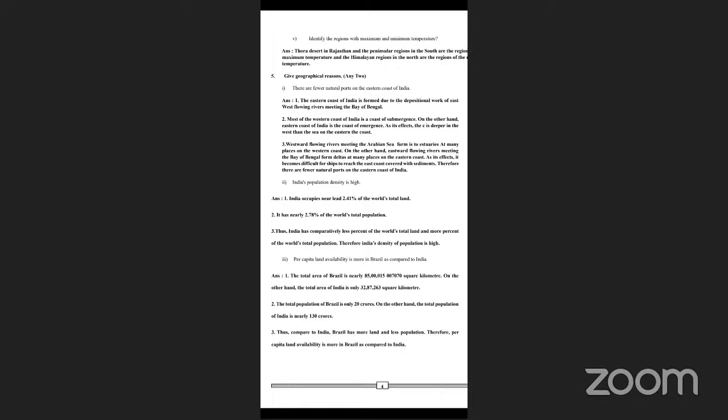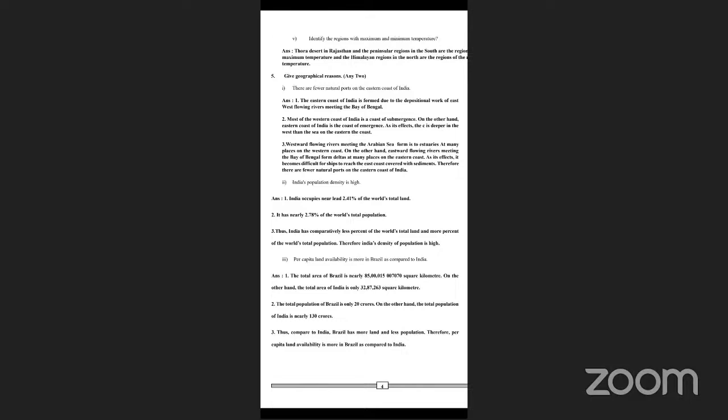I repeat, Thar Desert in Rajasthan and the southern part of the peninsular region have the maximum range of temperature, and the minimum range of temperature is found in the northern part of the Himalayan mountain ranges.